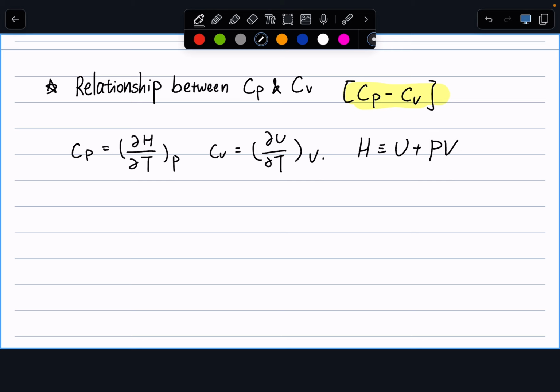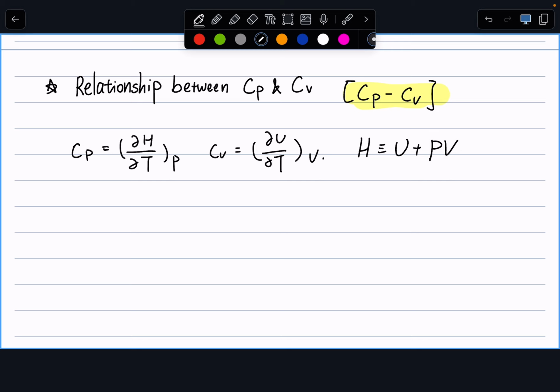So first step, very straightforward. We're just writing down the definition, the expression for Cp and Cv, using the definition of enthalpy to plug that in. Since we're talking about constant pressure, in this d(PV) term you can take the pressure out because pressure is set to be constant.